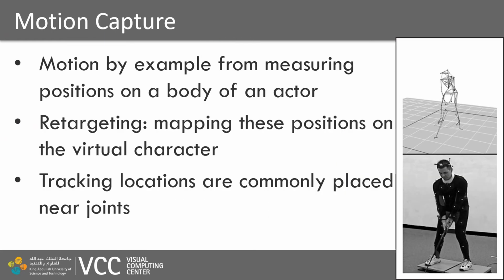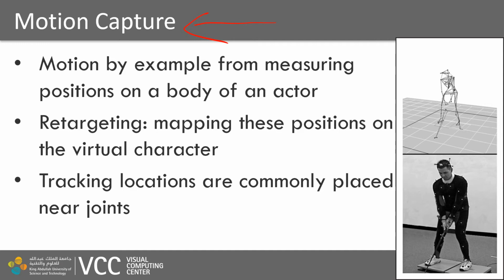We can typically create kinematics by either authoring or by measuring this using various devices. A very popular method, especially in computer animation for film industry, is the motion capture.